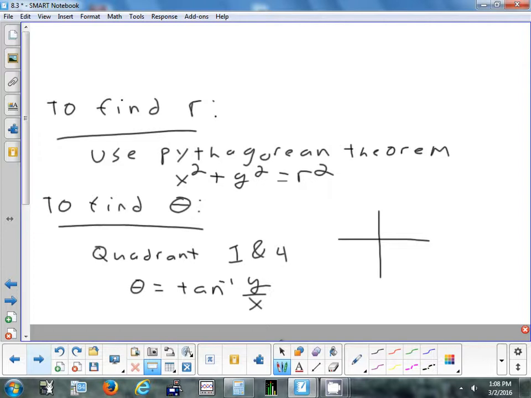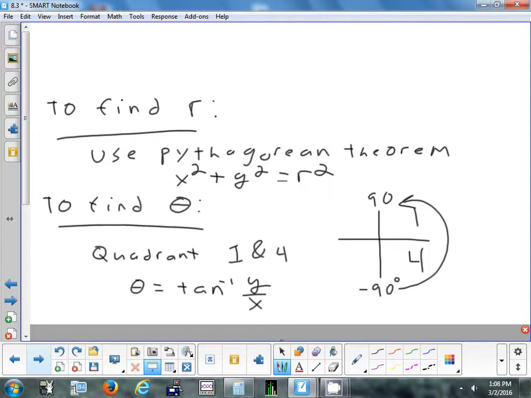Does anybody remember what inverse tangent is always between? Negative 90 and 90. So from here to here. What two quadrants does that cover? 1 and 4. So just inverse tangent by itself will always give you an answer in quadrants 1 or 4.